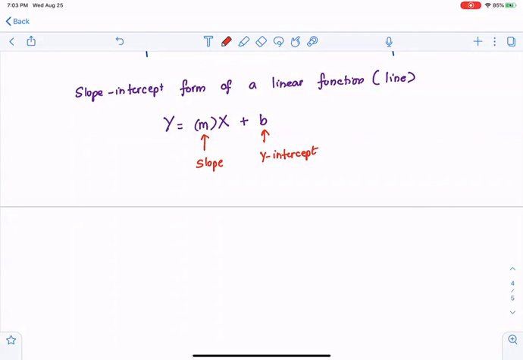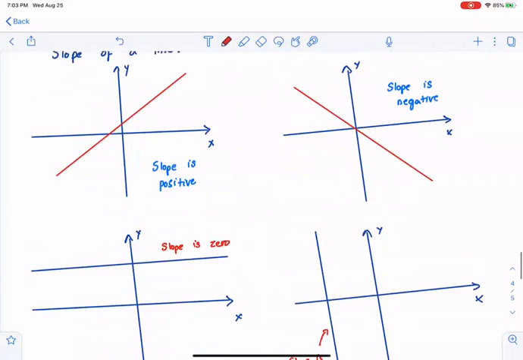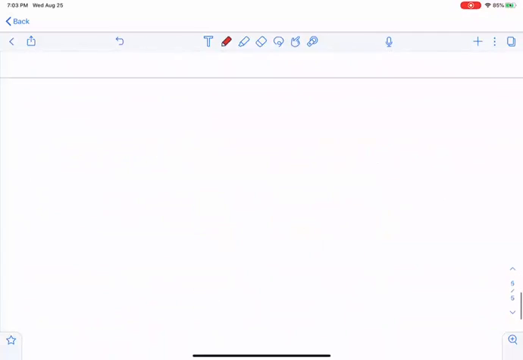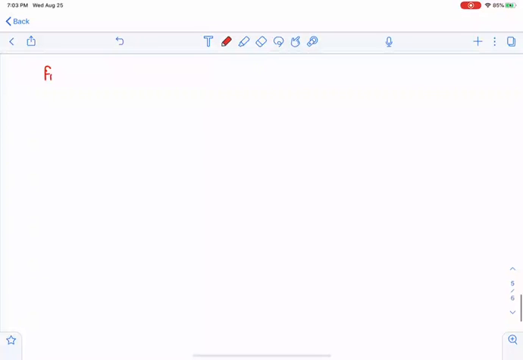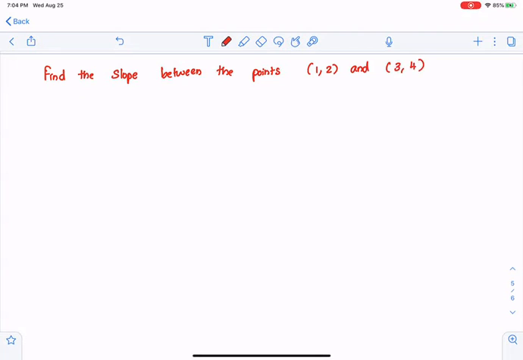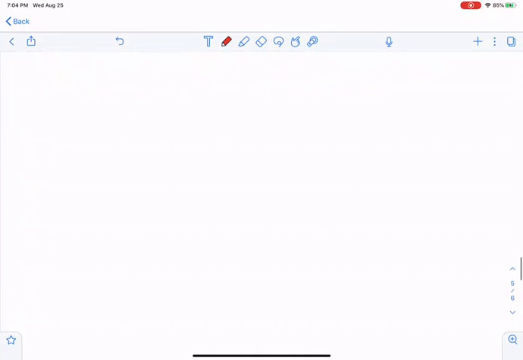So how do we find the slope? Let me just create a line. I'll start with finding the slope between 2 points, and later on we can connect it to a line.